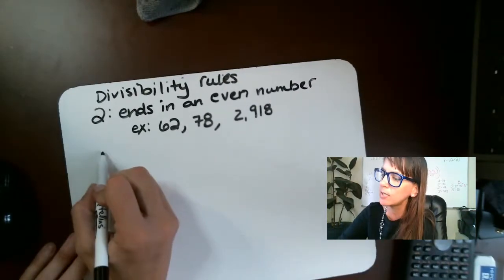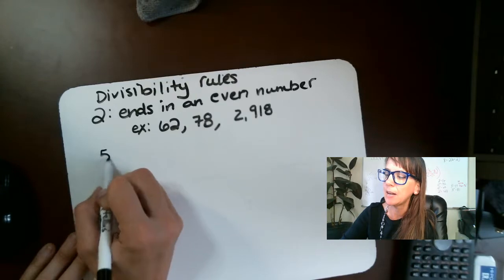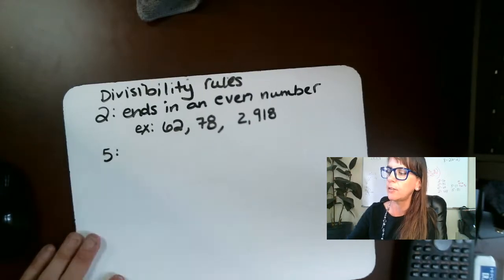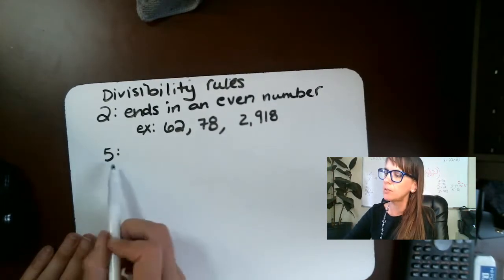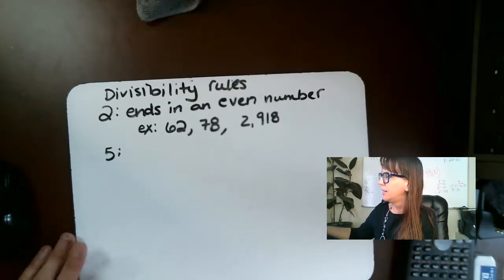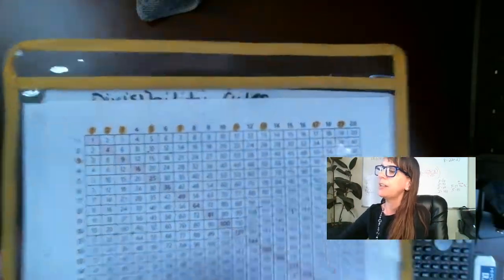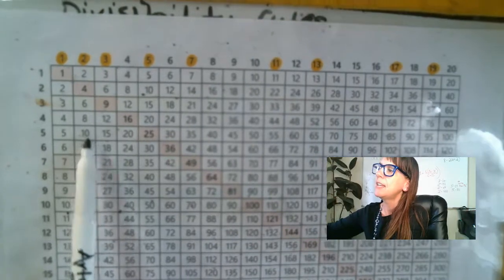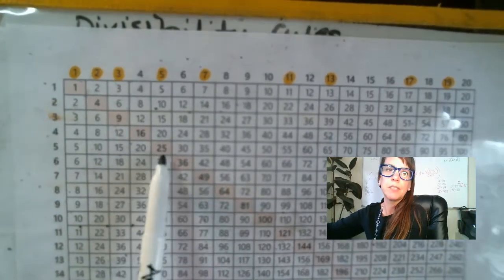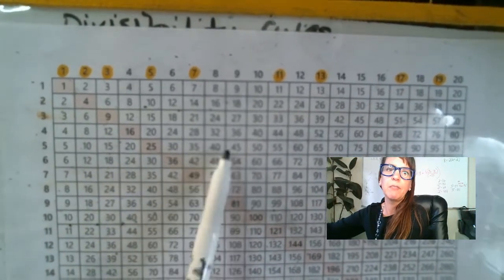All right, next one is going to be 5 and 10, and I'm going out of order here for a reason. 3 and 9 are my favorite, and I can't wait to talk about those. So for 5, take a look at these: 5, 10, 15, 20, 25, 30, 35, 40.